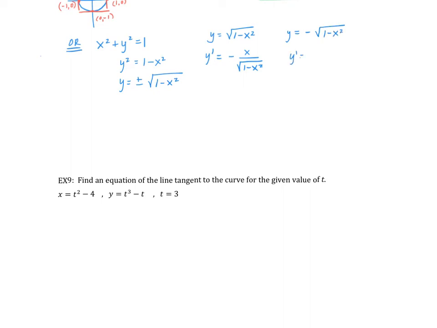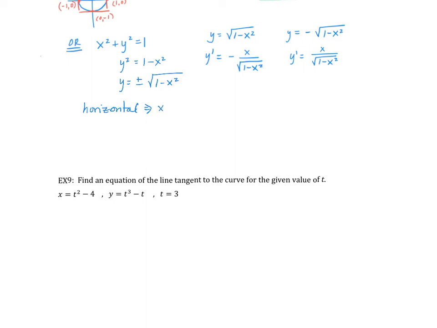The derivative here would be positive x over the square root of 1 minus x squared. So I have these two derivatives I have to figure out for horizontal, where they're equal to 0. So horizontal means that the derivatives are 0, and they're only going to be 0 if their numerators are 0.